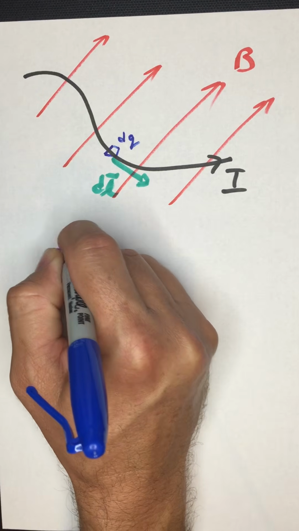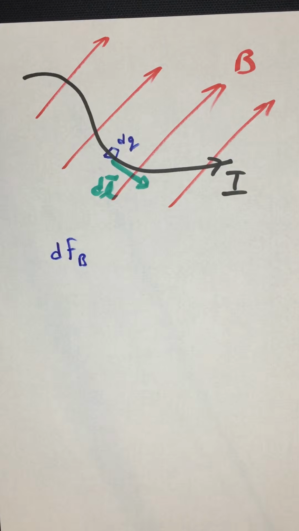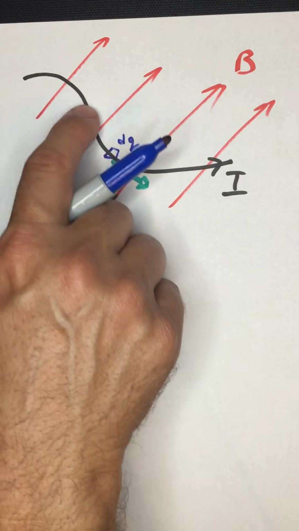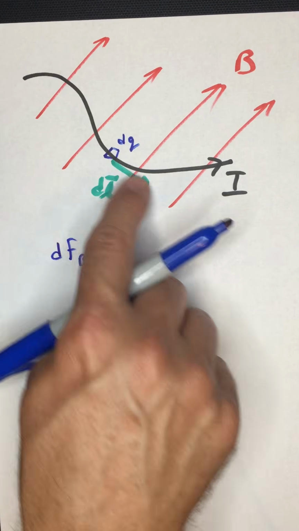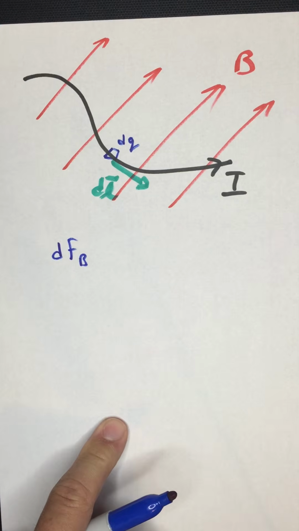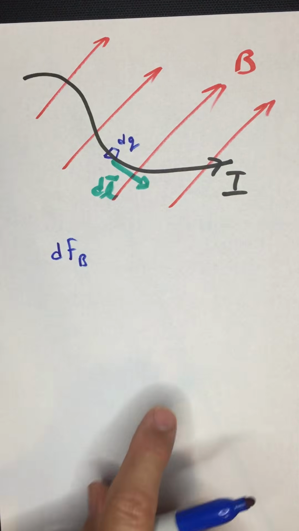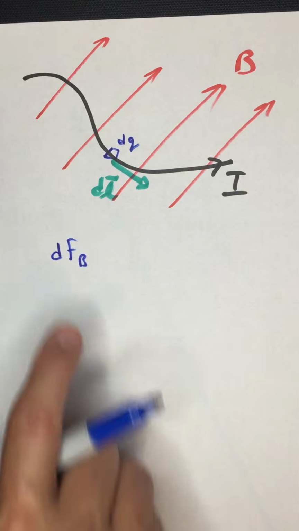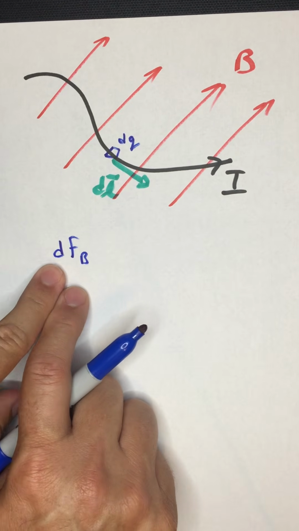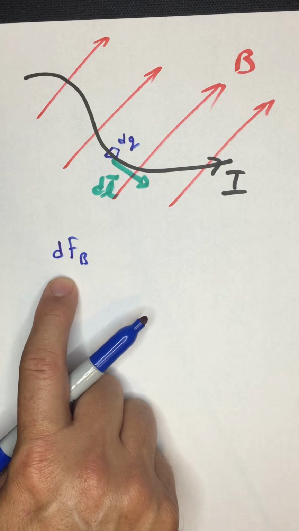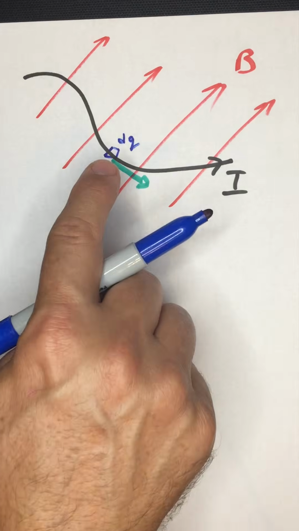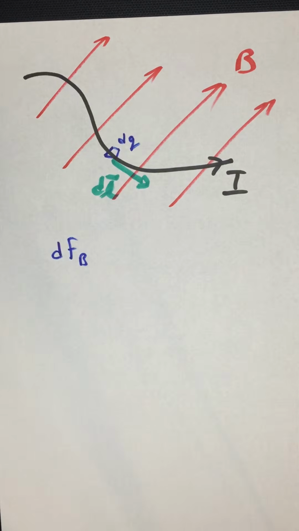I'm going to write it as a differential of the force because I understand that there's a dq here, here, everywhere. Each one of those dq's is going to feel some small bit of force. If I then integrate, I add up all of those little elements to come up with the total force. But right now what I'm going to write down, in order to have something to integrate, is the differential contribution to that force by the differential charge element dq.